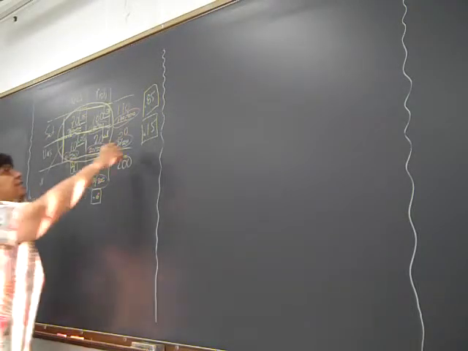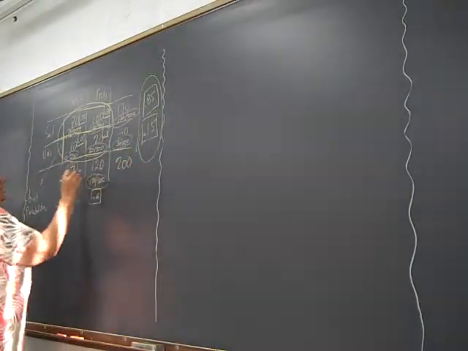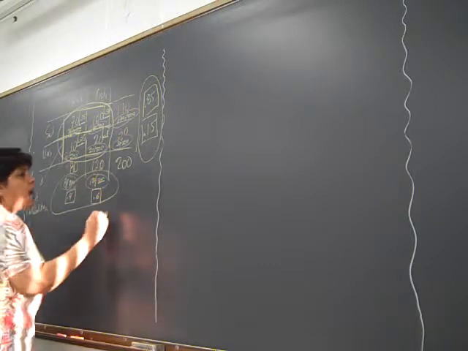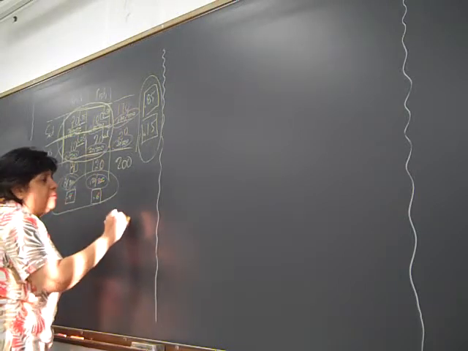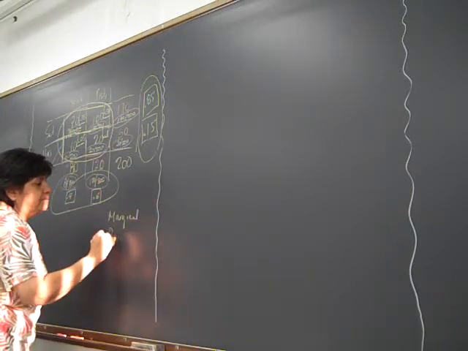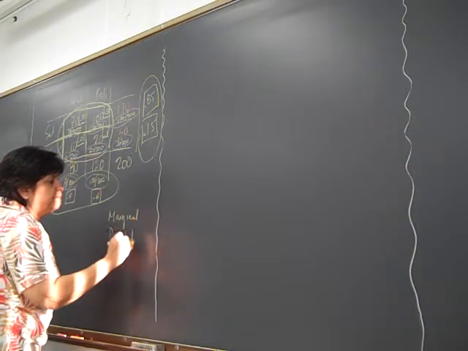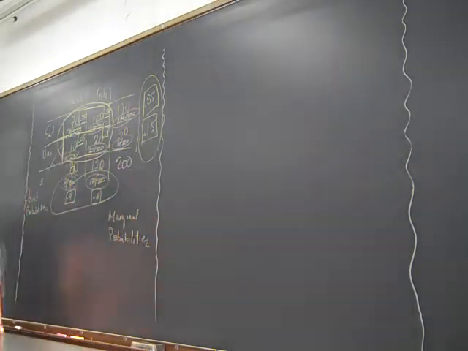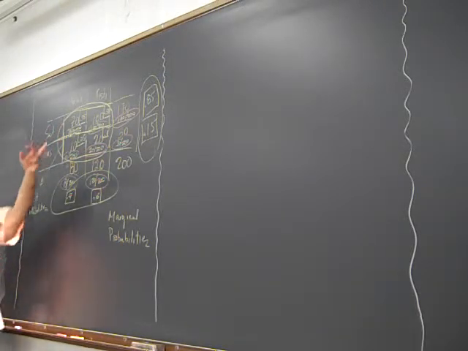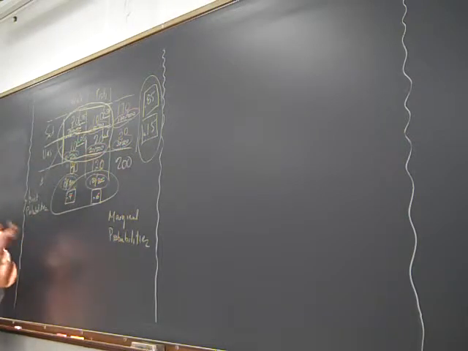The probabilities that are on the margins are called what? Marginal probabilities. So the inside probabilities are joint probabilities, and the outside or margin probabilities are called marginal probabilities.